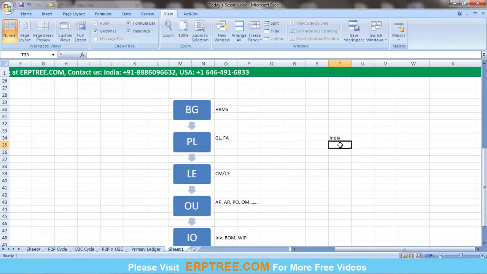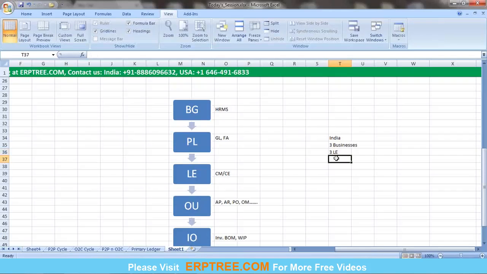Within India they are running three businesses, and for each business they have a separate registration. That means three LEs they have.